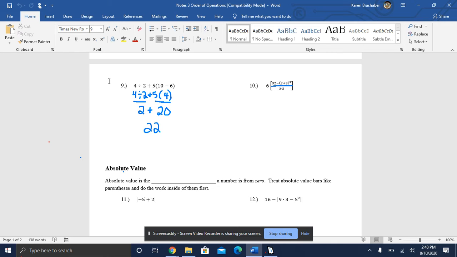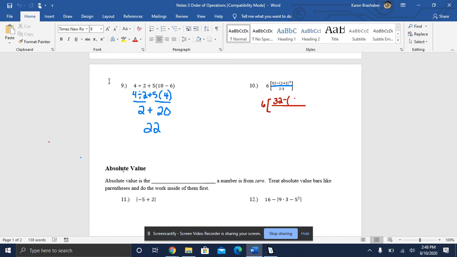So that means we're going to recopy the 6, and then in the brackets, in the numerator, it says that we have 32 minus, and then I have a parentheses. Well, I have to do inside the parentheses first.